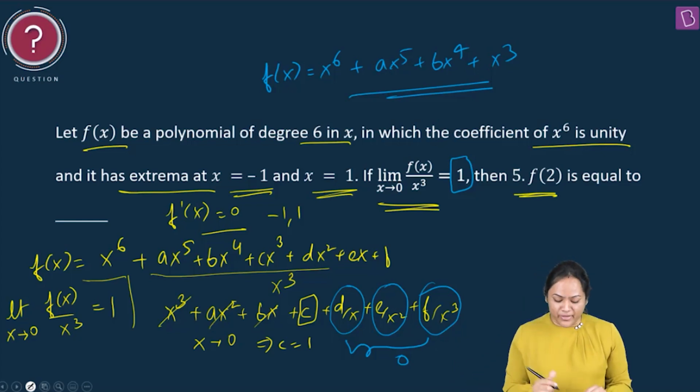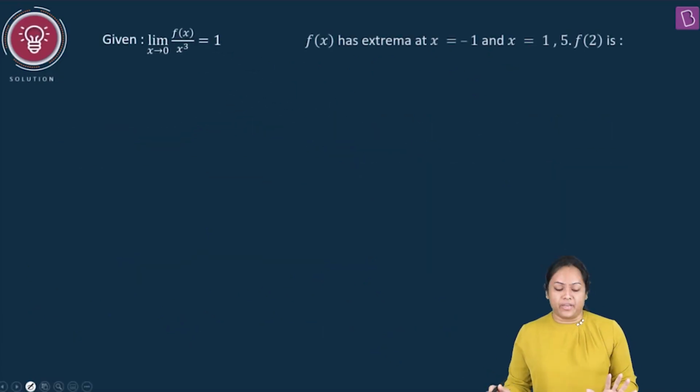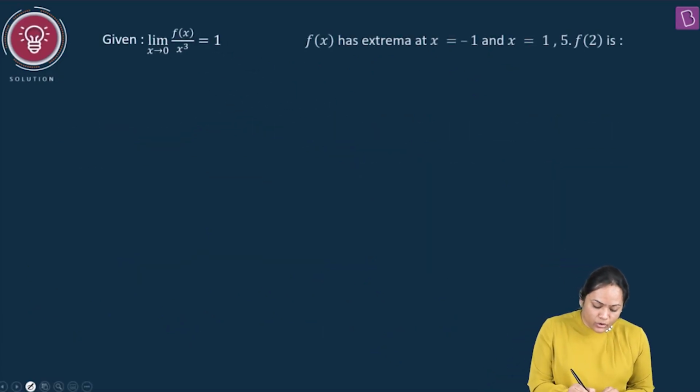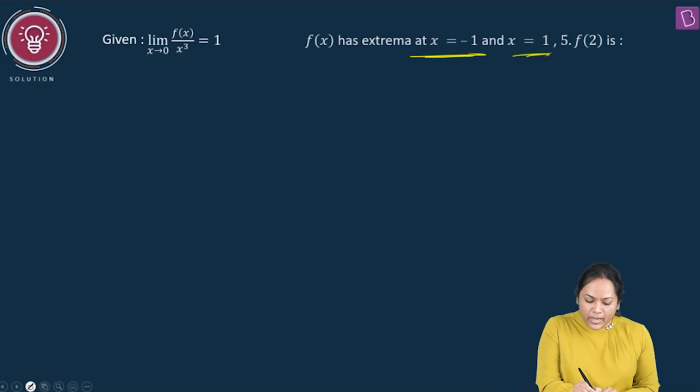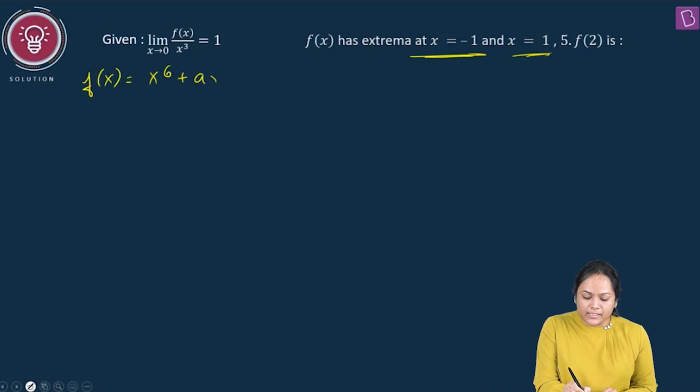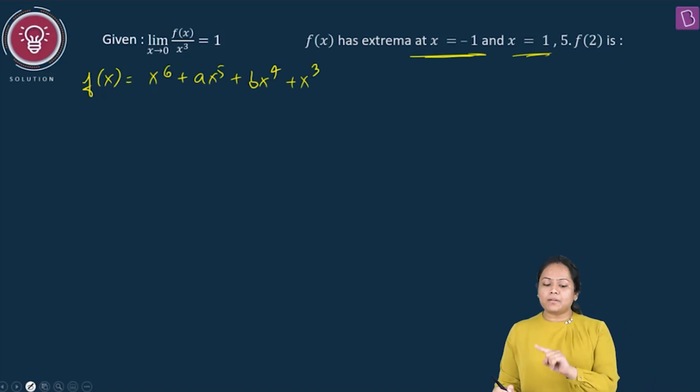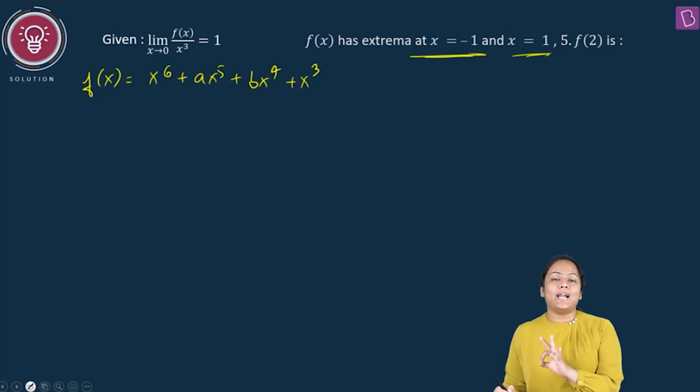Understood? Perfect. So we have got f(x). Now I have to apply these conditions of extrema. So I have my f(x) as x^6 + a x^5 + b x^4 + x^3. And since the extrema are at -1 and 1, that means my derivative should be 0.